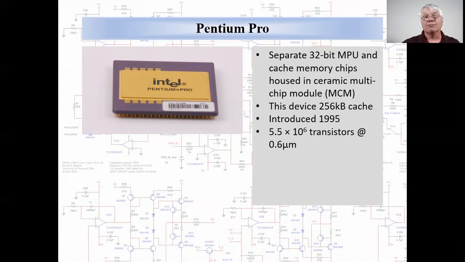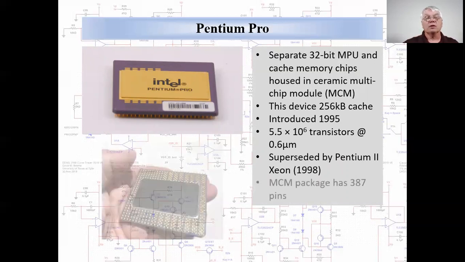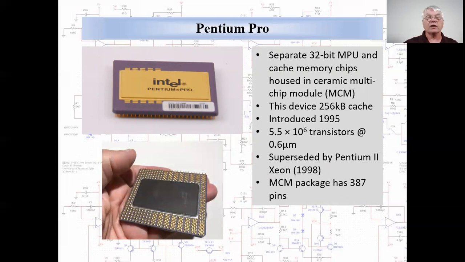For comparison, green light has a wavelength of 660 nanometers. Gives you an idea of how small these transistors were. It was superseded by the Pentium 2 Xeon in 1998, and the multi-chip module had a total of 387 pins.